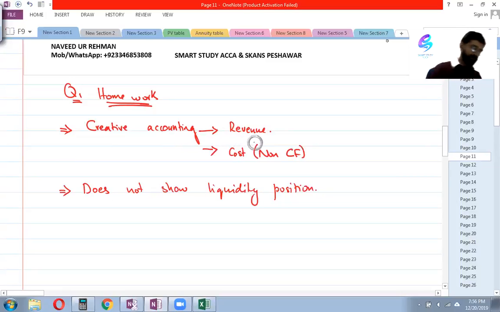You can say that maybe with the revenue recognition, though it will be a bit difficult with the new IFRS on revenue, but still, if you recognize the revenue in the wrong way, or the non-cash flow items like depreciation or amortization, if you deliberately guess it wrong in order to make your profit figure look good, in order to get the reward, right?